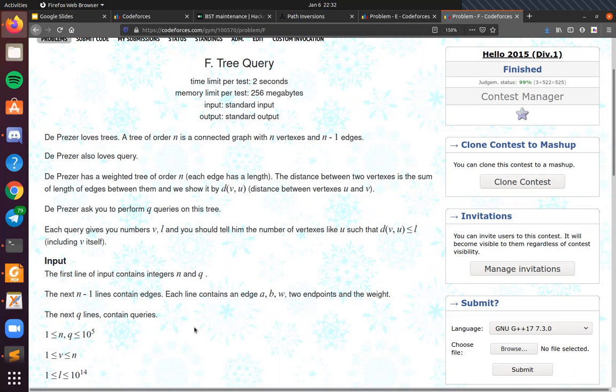Yeah, any hints? So you have to tell the number of vertices which are at distance less than or equal to l.